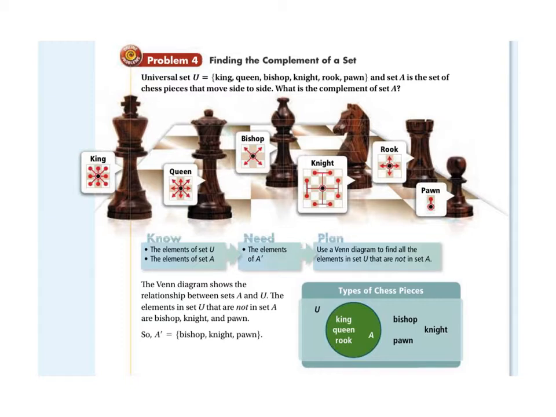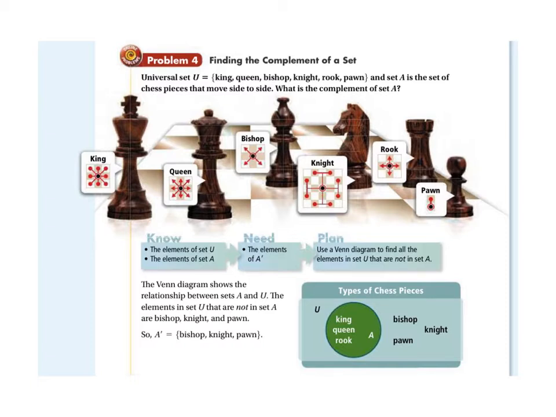Story problems, right? Universal set: king, queen, bishop, knight, rook, pawn. And set A is the set of chess pieces that move side to side. What is the complement of A? So the king can move side to side, so can the queen. Does the knight? The knight moves up and over, and up and down, that sort of thing. Rook is side to side, pawn is definitely not.